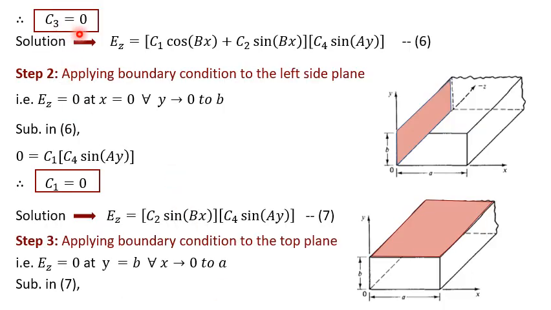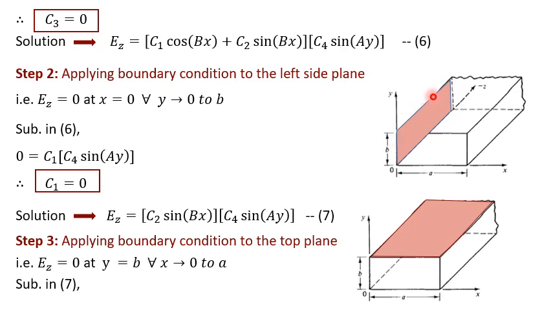Now since C3 is equal to 0, the solution reduces to Ez is equal to C1 cos Bx plus C2 sin Bx into C4 sin Ay. Now in the second step, I'm going to apply the boundary condition to the left side plane.